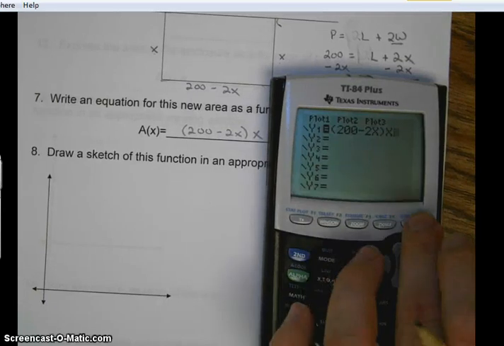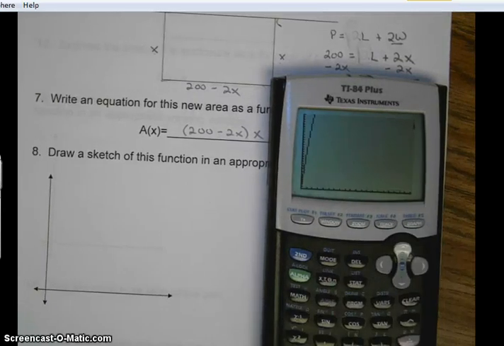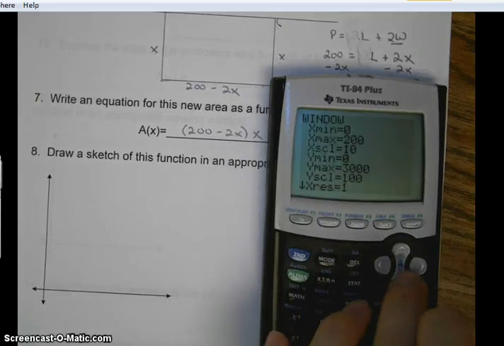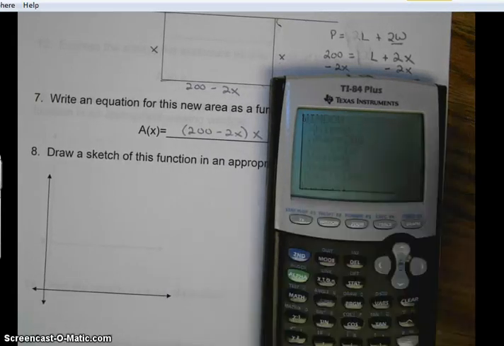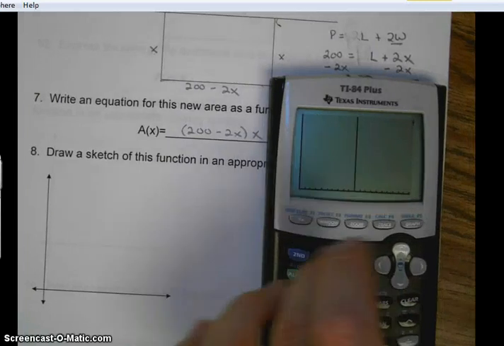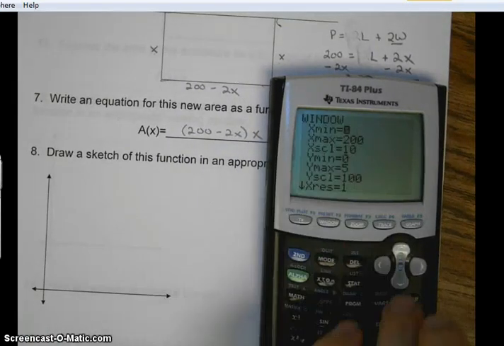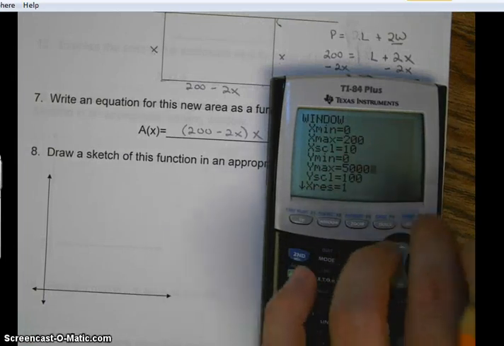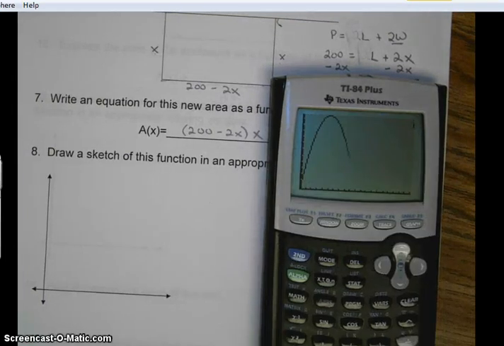All right, let's see what our window gives us. Okay, so we need to increase our y max. Let's go up to 5,000. Oh, I always do that. All right, we can see the whole thing now.